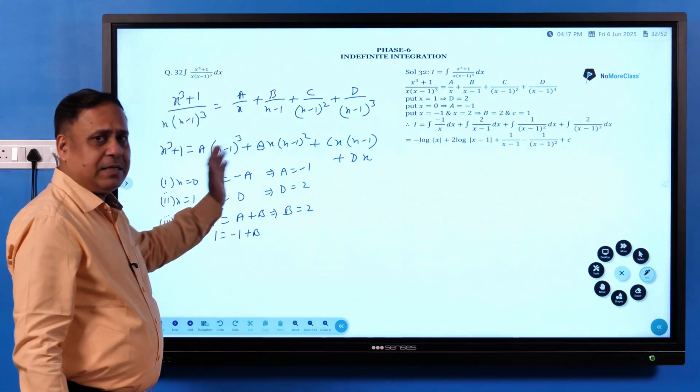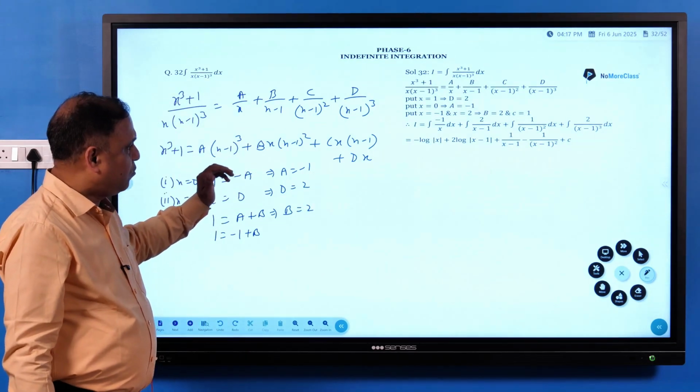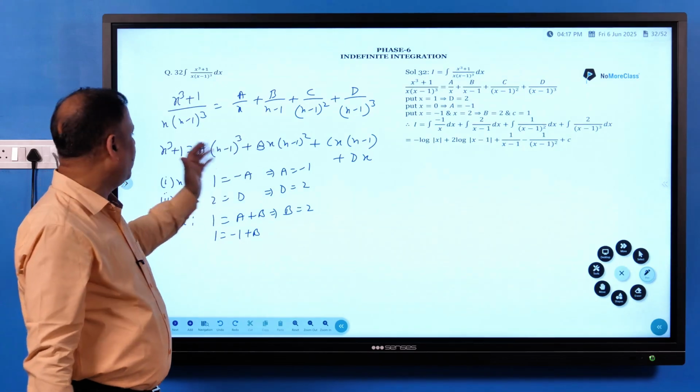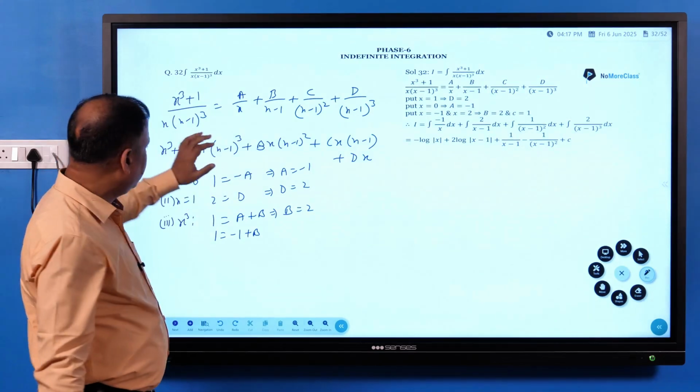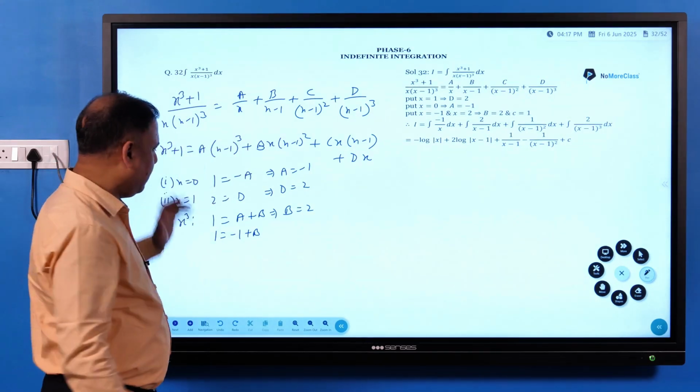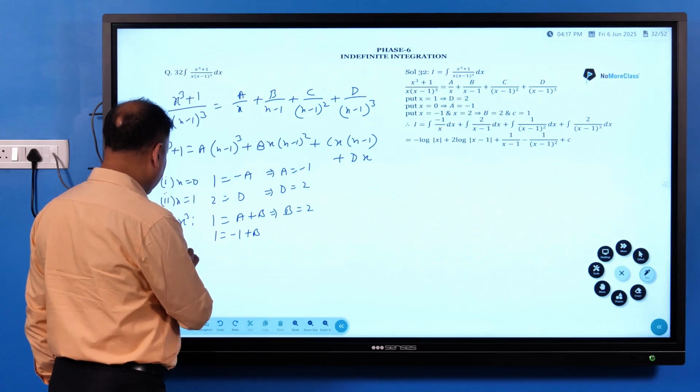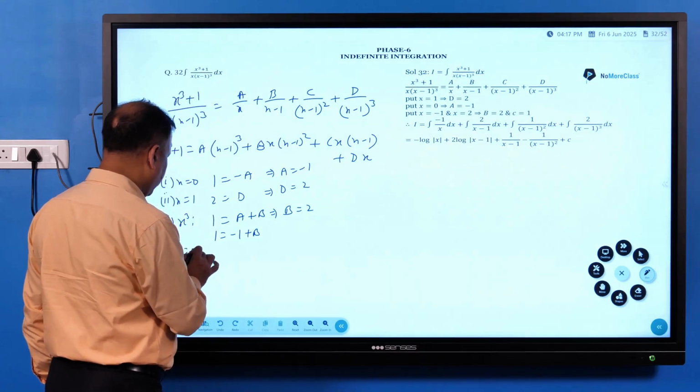Now you can compare the coefficient of x, etcetera, anything we can do, but to calculate c, you can put x equal to minus 1, or 2, any number. Suppose I put x equal to minus 1.